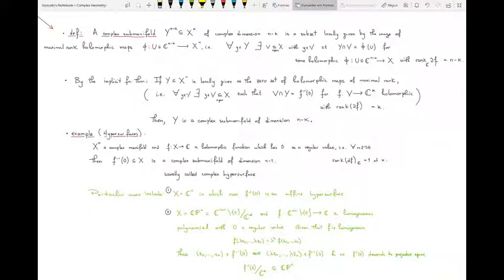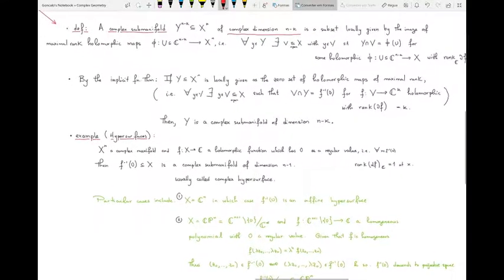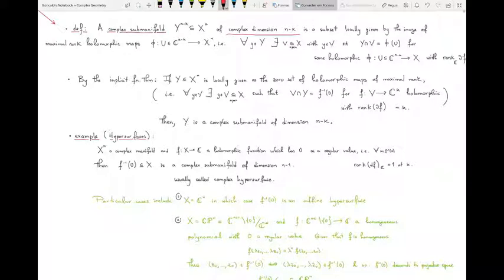Sorry, I was just reading badly, this is correct. So a complex submanifold Y of X^n of complex dimension n minus k, so that's part of the definition, is a subset of X^n, which is locally given by the image of a maximal rank holomorphic map from C^(n-k) to X.